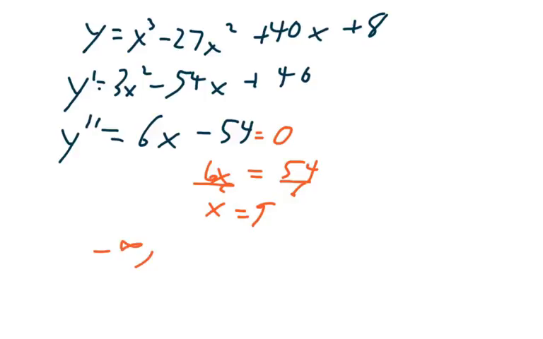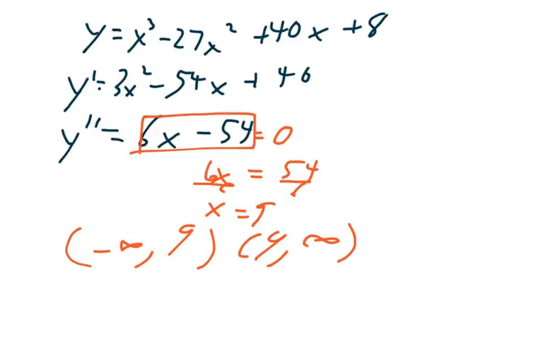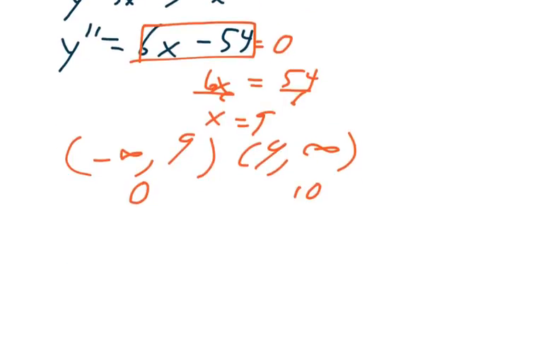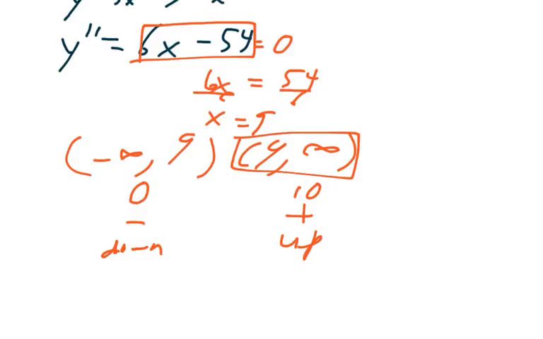So from negative infinity to 9, and from 9 to infinity are my intervals, and I'm plugging it back into the second derivative, 0 and 10. When I plug in 0, it's negative, so that's concave down. That's not what we're looking for. When I plug in 10, that's concave upward. So my answer is from 9 to infinity.